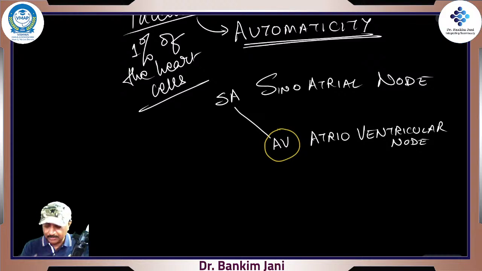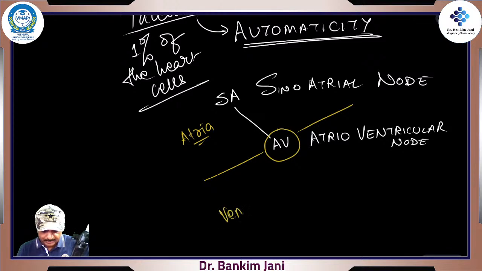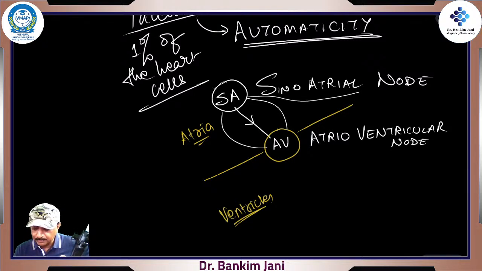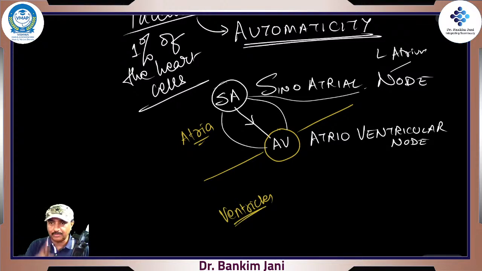This is vital. If anything happens to the AV node, signals won't go. In the upper part there are the atria, right atrium and left atrium; in the lower part there are the ventricles. Good, powerful signals start from the SA node and reach the AV node via the internodal tracts. They also send signals to the left atrium, which contracts. But for control of the ventricles, the atrioventricular node is the only node through which it passes, because the entire area is completely insulated.